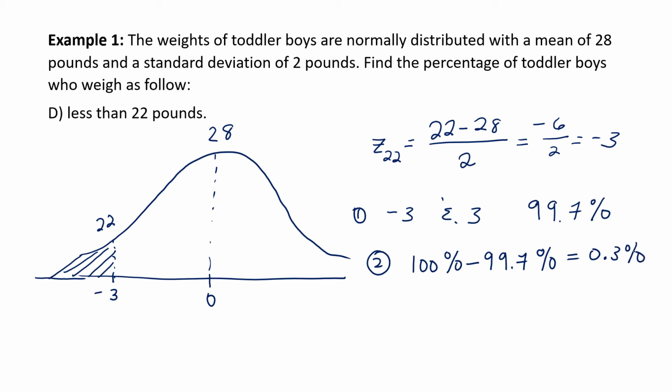However, we only want the left half of it, and since it's symmetric, our next step would be to take the 0.3% and divide that by 2. Doing so, you'll get 0.15%. That is 0.15% of all toddler boys weigh less than 22 pounds.